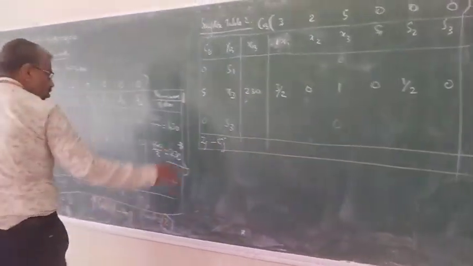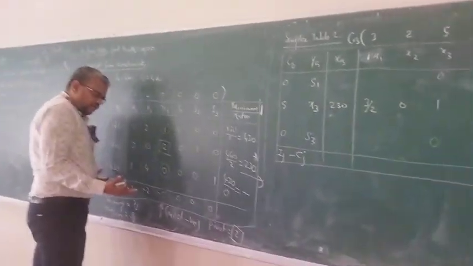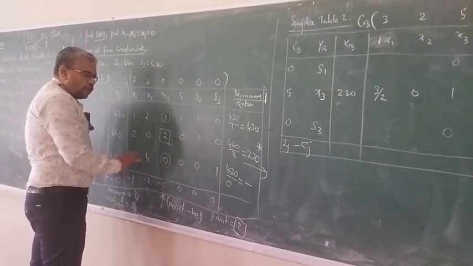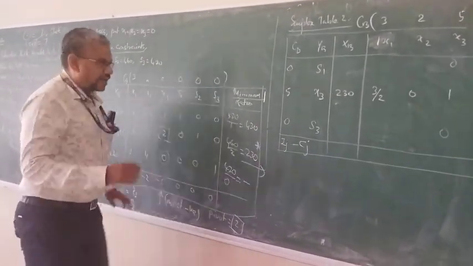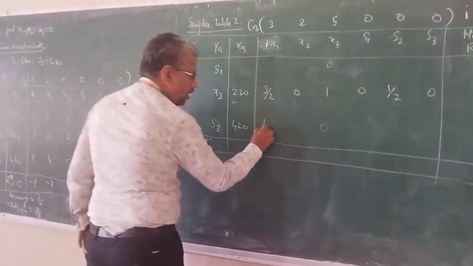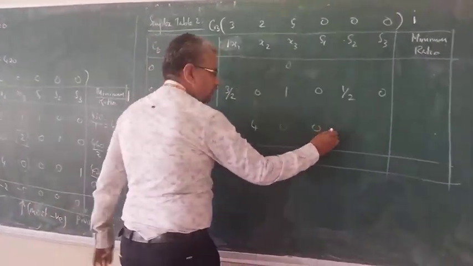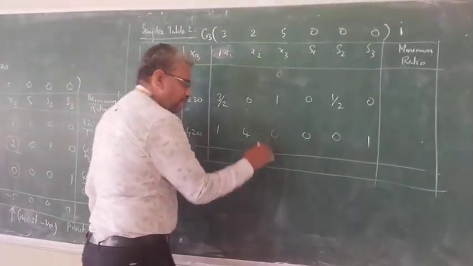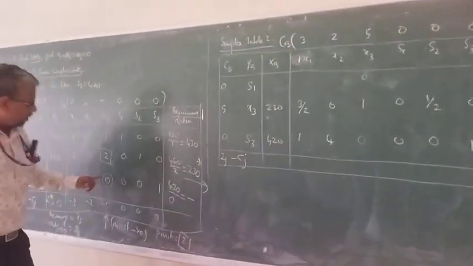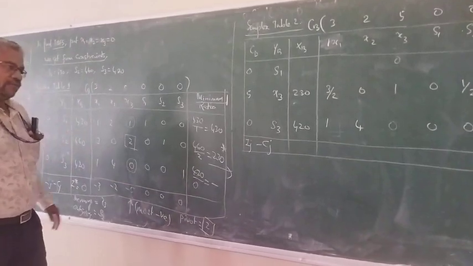We have to convert those two values to 0. So fortunately for us, one value is already 0. Therefore, we don't have to change the entire equation. We can directly write it. So 420, 1, 4, 0, 0, 0 and 1. Therefore, one operation is already done, because 0 is already there.